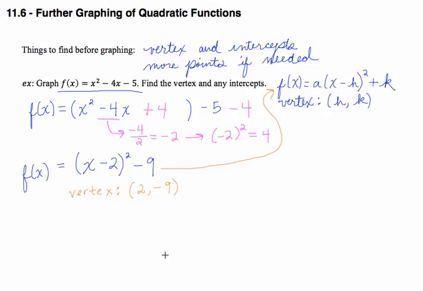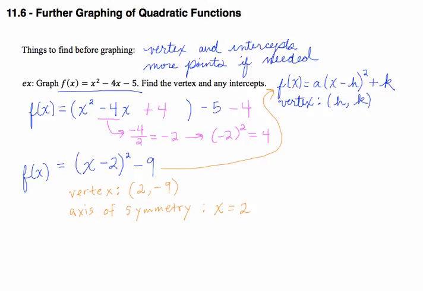So 2 comma negative 9 is the vertex. The axis of symmetry is always x equals h, so in this case it would be x equals 2.